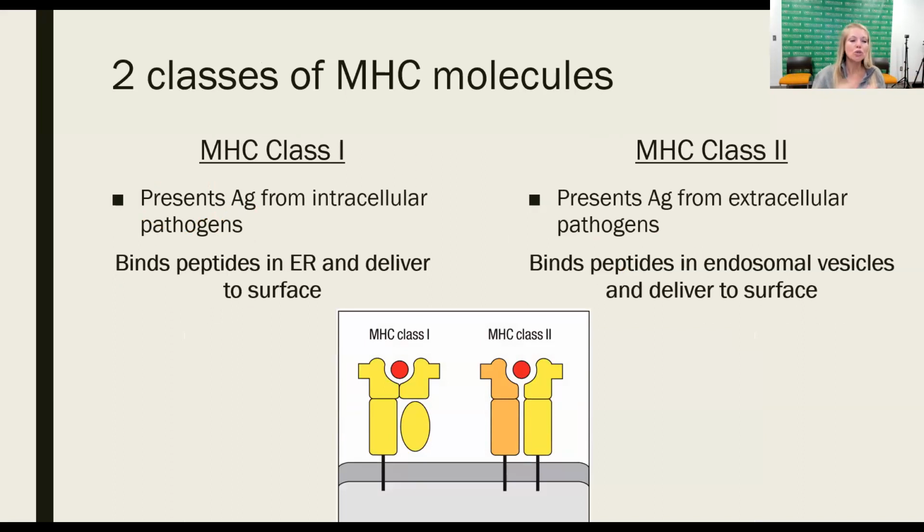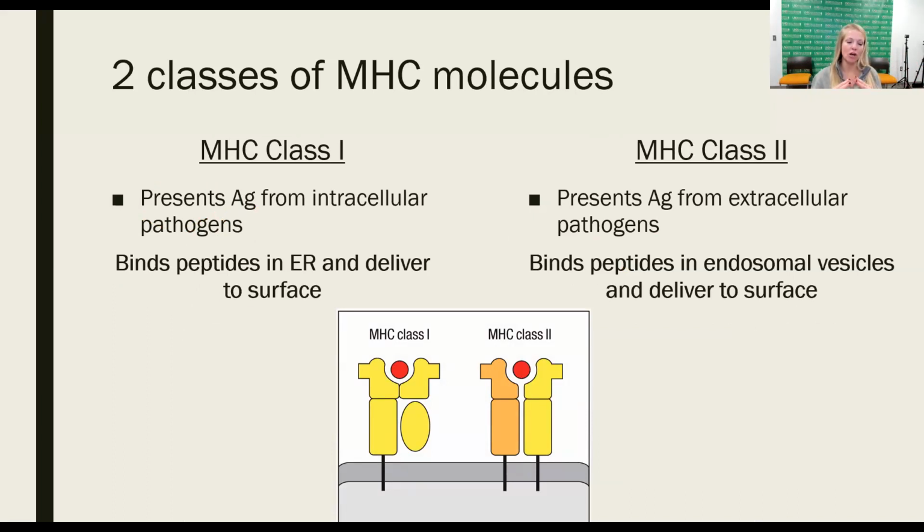There's going to be 2 major types of MHC molecules. MHC class 1 molecules, MHC class 2 molecules. Well, that's handy. If there's 2 types of MHC molecules and there's 2 classes of pathogens, right? You see where this is going.